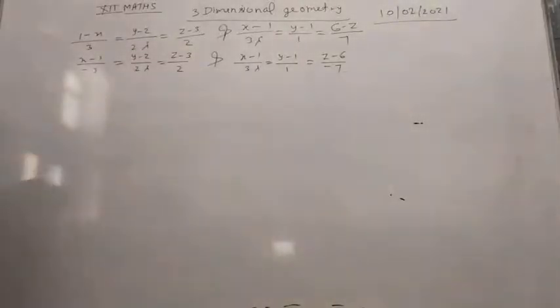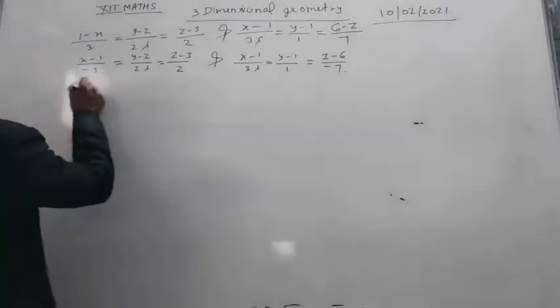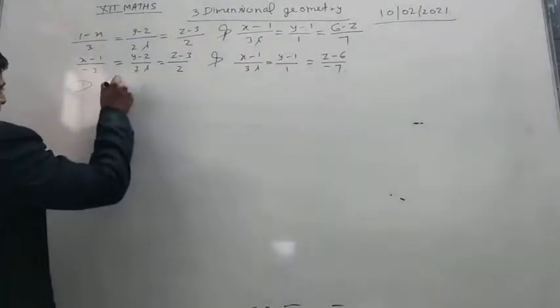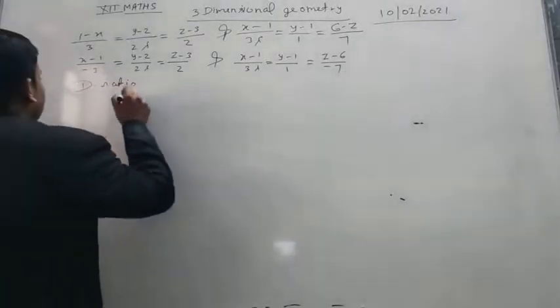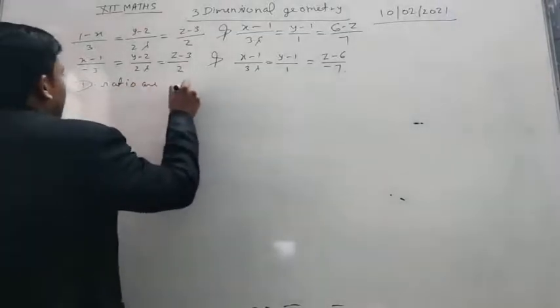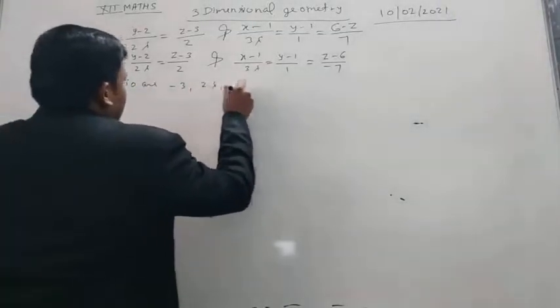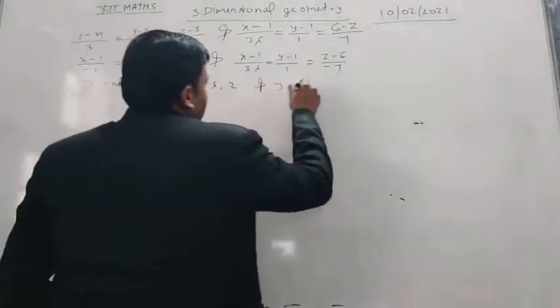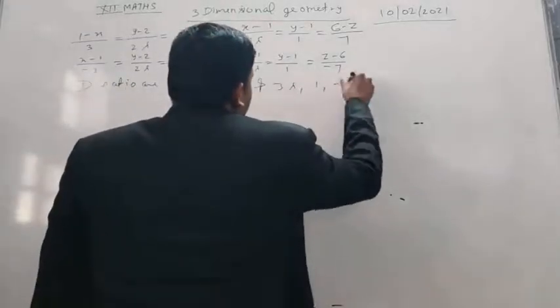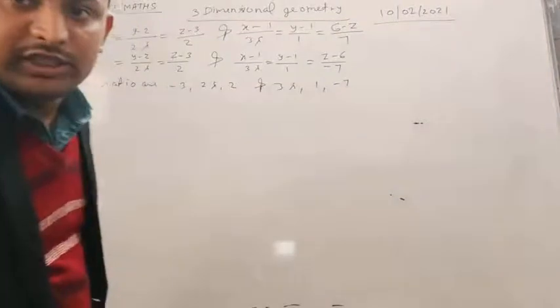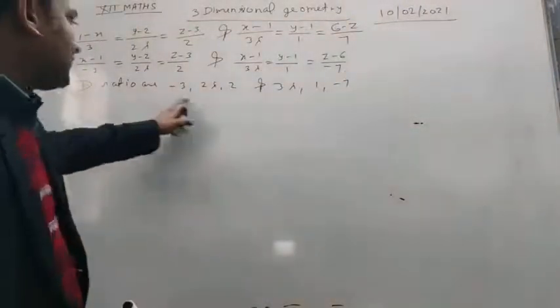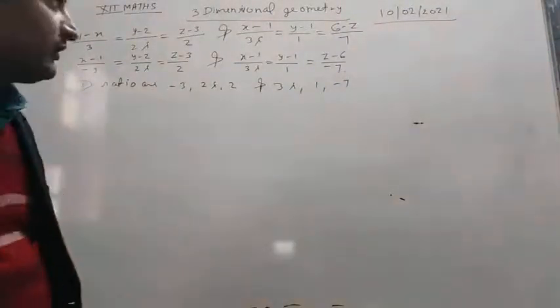So we use it here, students, and our direction ratios are minus 3, 2 lambda, 2 and 3 lambda, 1, minus 7. Okay, students, so these are the two direction ratios of the lines.